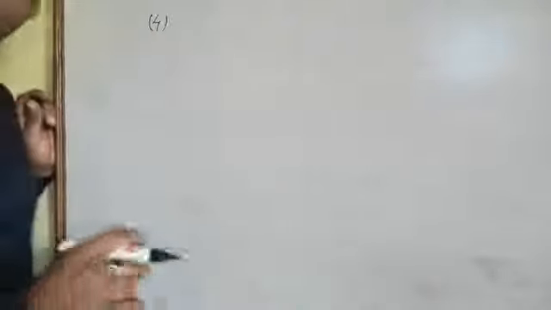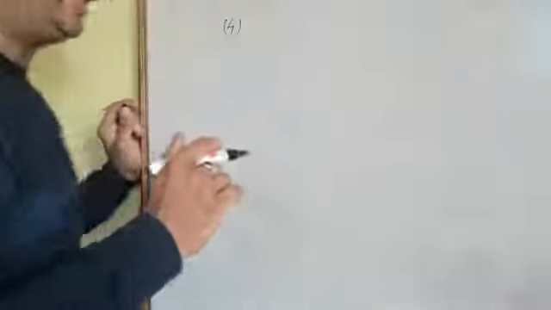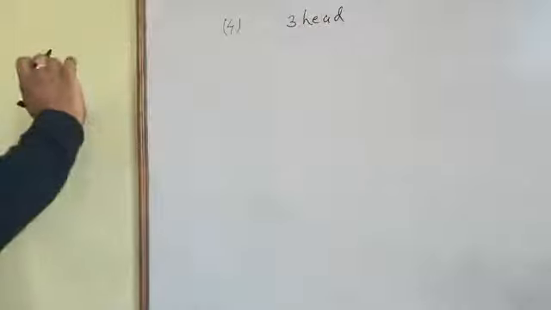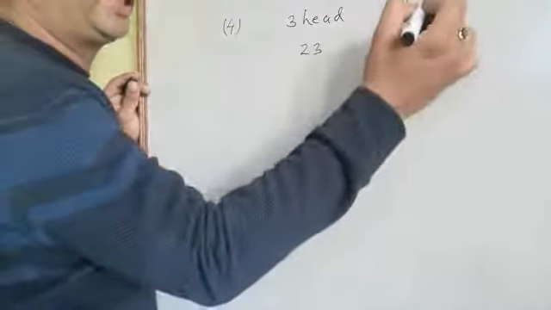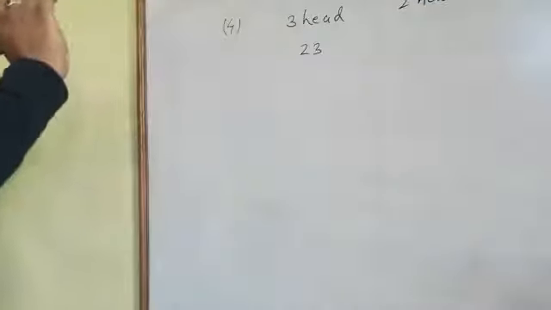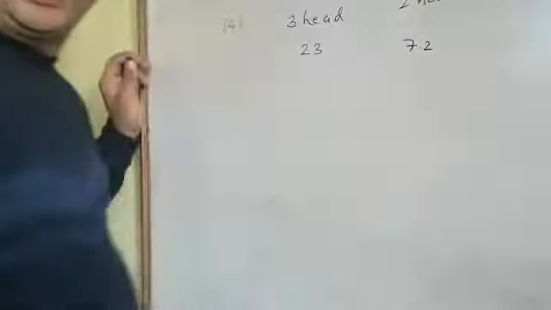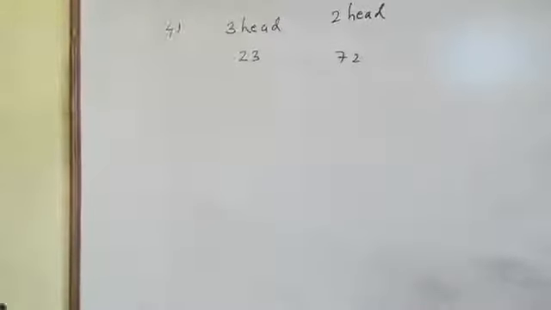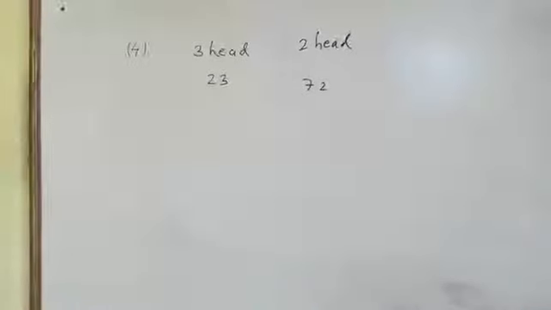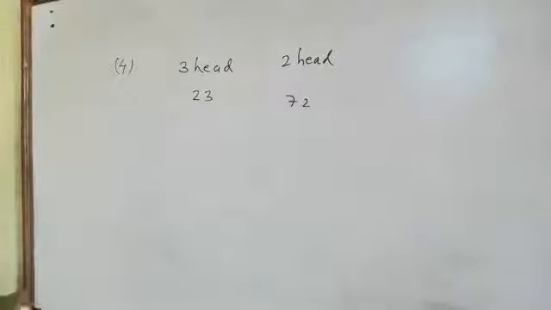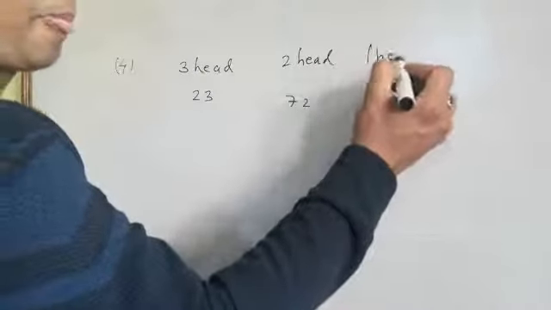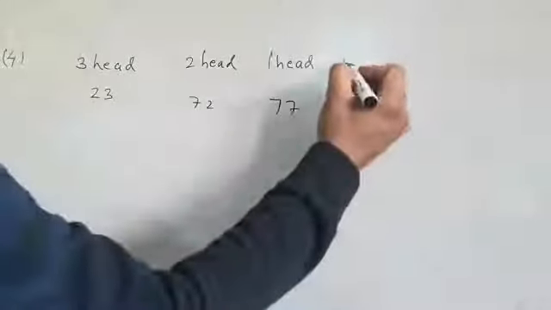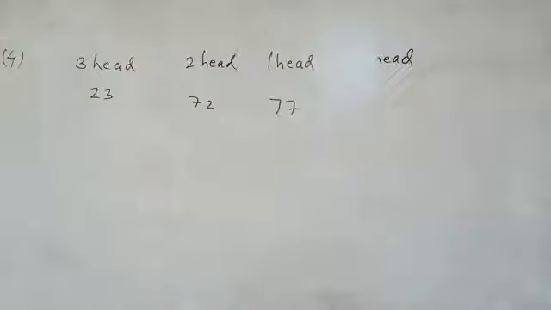They were tossed simultaneously, and after that they calculated how many times the heads came. Three heads came 23 times, two heads came 72 times, one head came 77 times, and no head came 28 times.